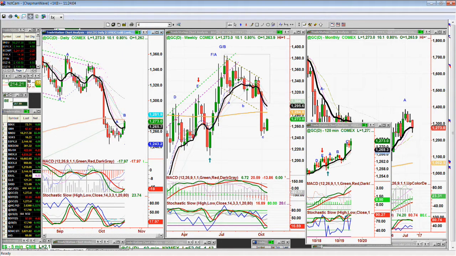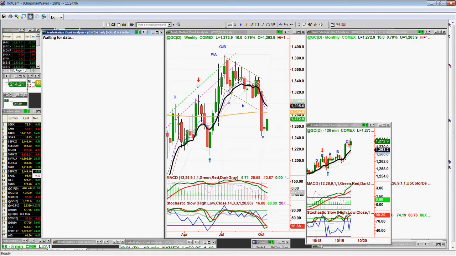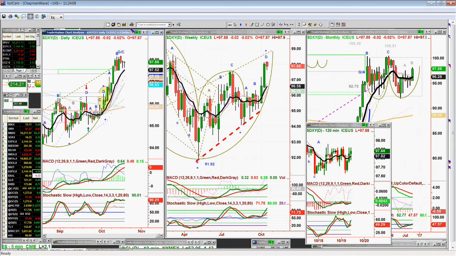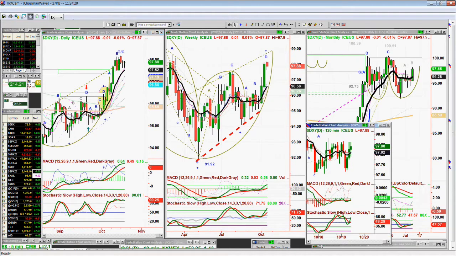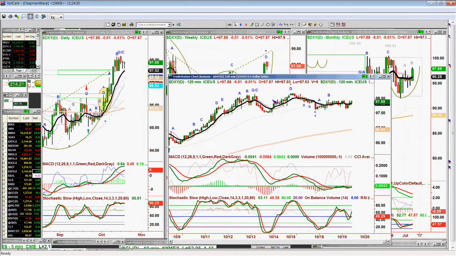Look at the dollar. It's not yet making its leg D, but I suspect it's going to make leg D. That'll be weak. On the weekly, it's leg D. On the daily, it's at peak C, but I'm absolutely sure that it's going to go above 98.17. So wait a minute, what's going on here? If we're looking at the 120-minute chart of the dollar, it's really just gone sideways.